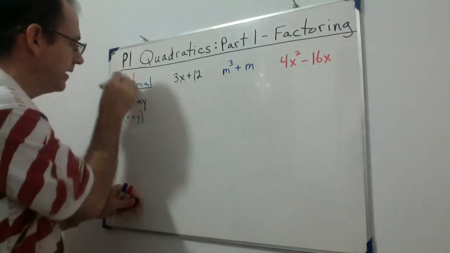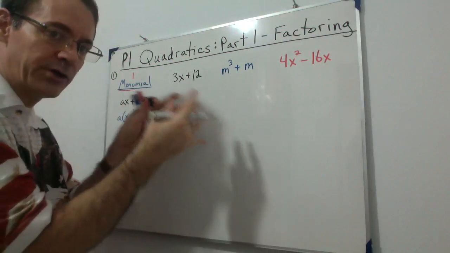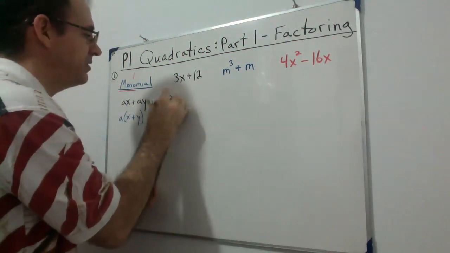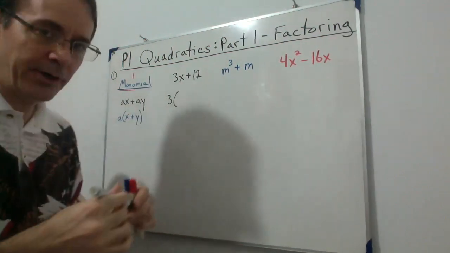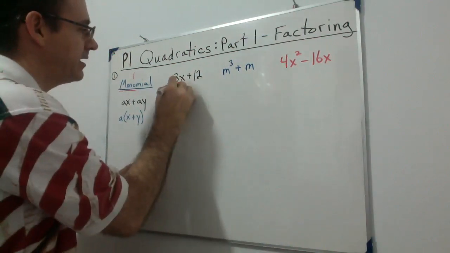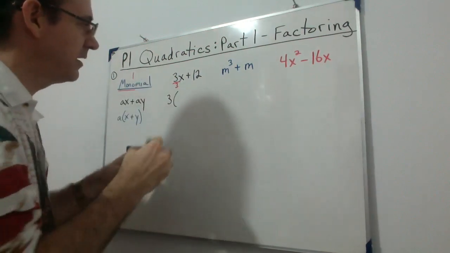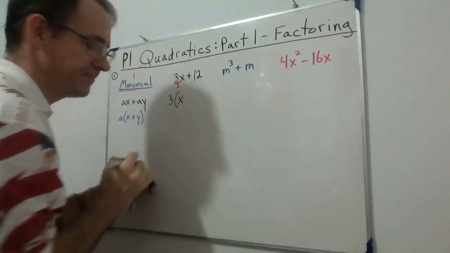So the 3 becomes the monomial, the one term that we're dividing out. So we take out 3. Remember, it's a division. So when you divide 3 by 3, the 3's cancel, and you're left with the x.